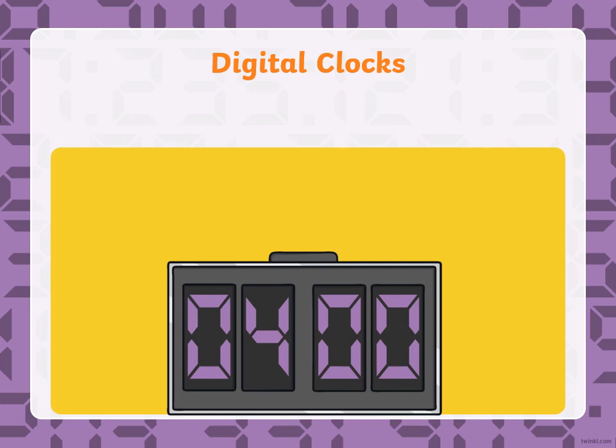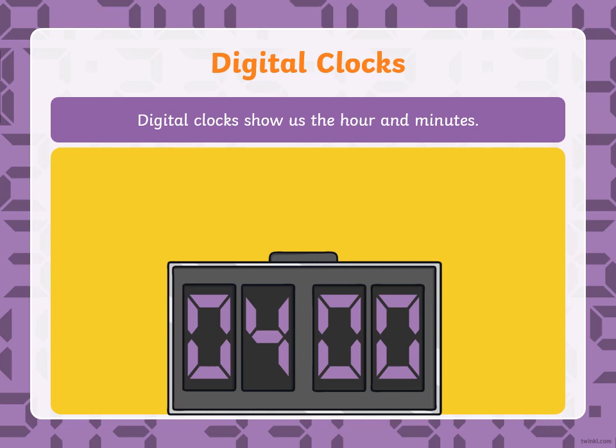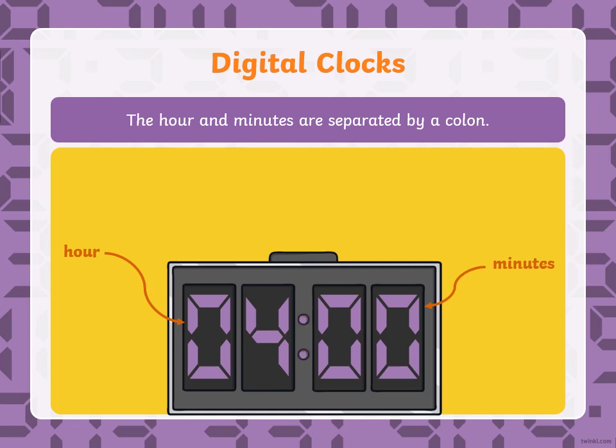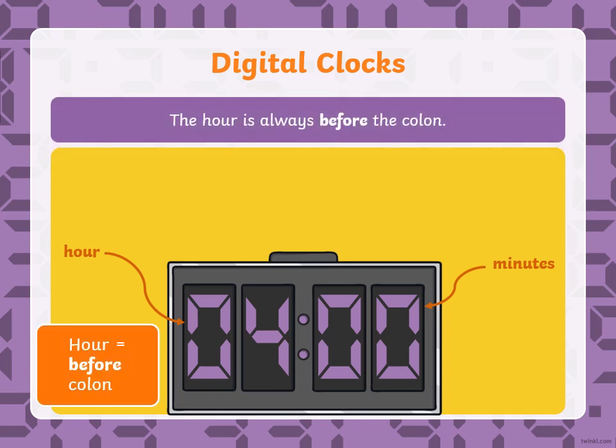Okay, digital clocks. Digital clocks show us the hour and minutes. The hour and minutes are separated by a colon. These are the colons. The hour is always before the colon.